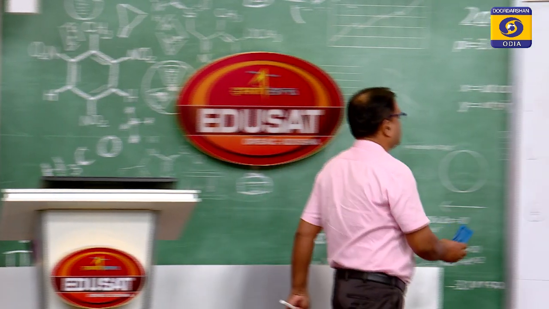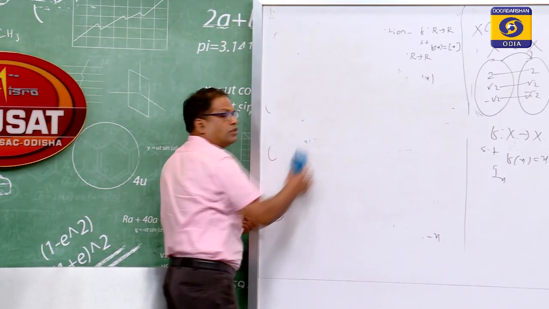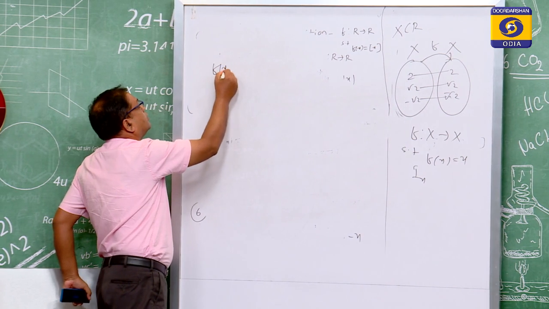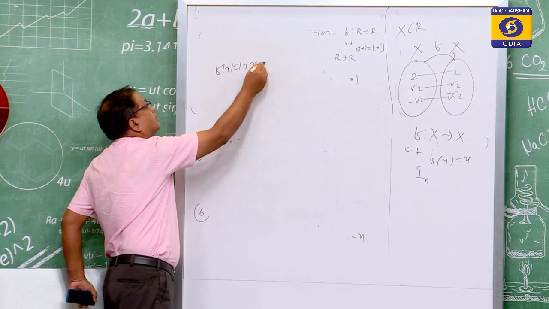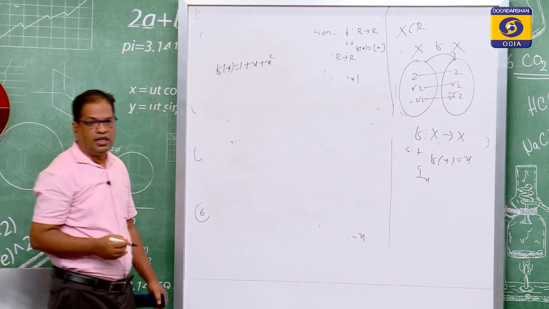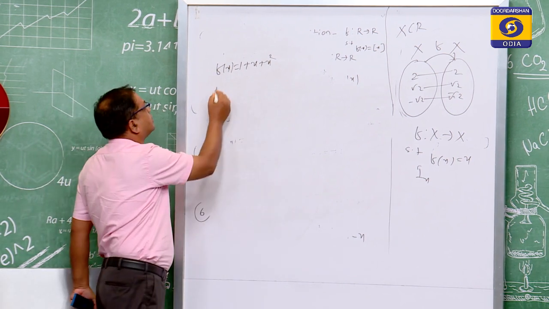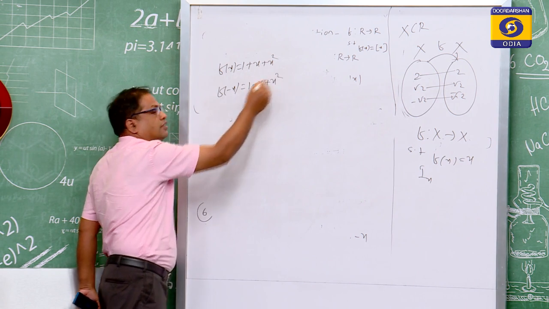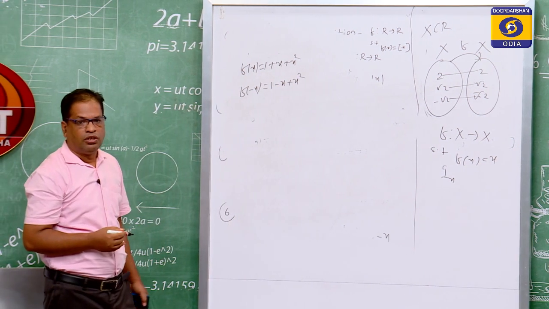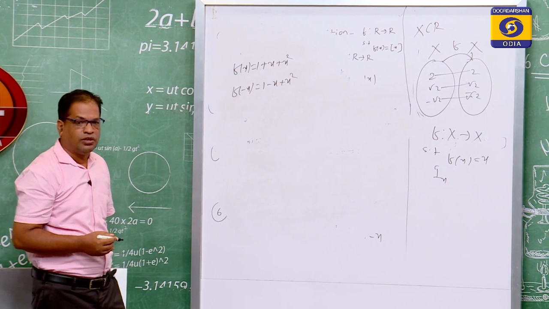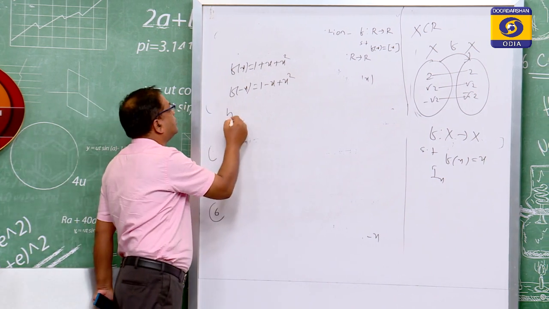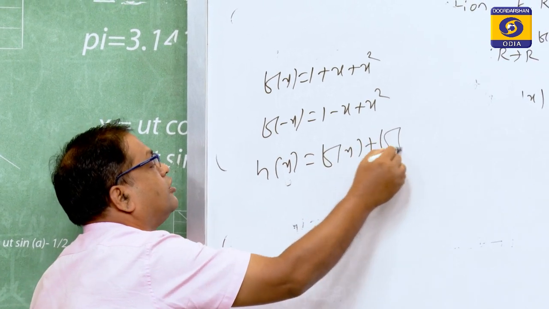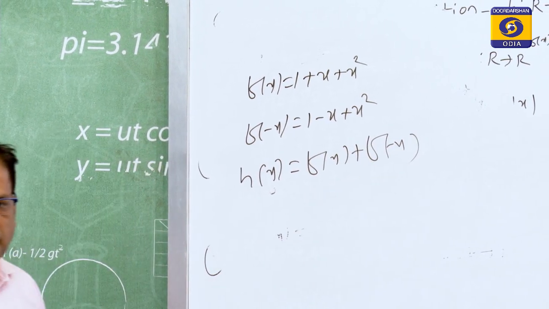So, f(x) is equal to 1 plus x plus x square. f of minus x is equal to 1 minus x plus x square. So, what is h(x)? h(x) is f(x) plus f of minus x.